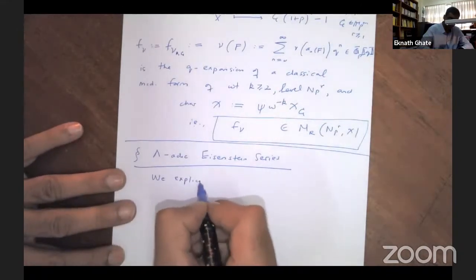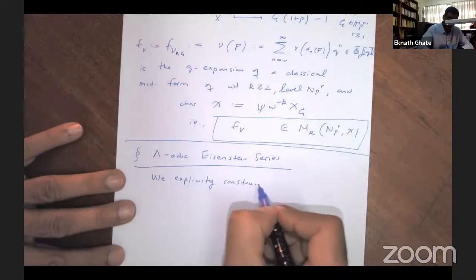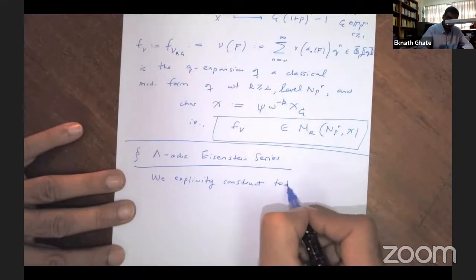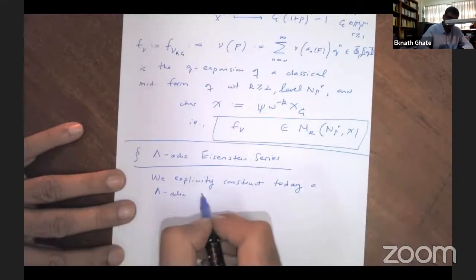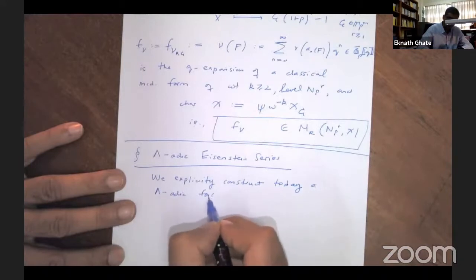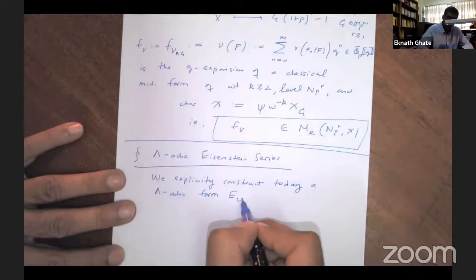We explicitly construct today a Lambda-adic Eisenstein series, a Lambda-adic form, which I'll call E psi.